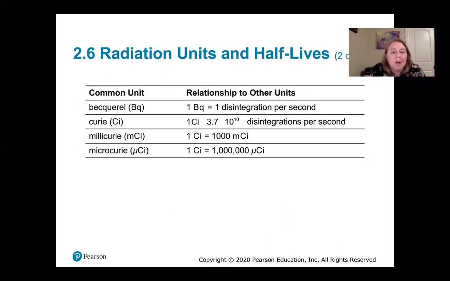The Becquerel is one disintegration per second. The Curie is 3.7 times 10 to the 10th disintegrations per second. If you get one Curie of radiation, that's super dangerous, so a lot of times they use the millicurie or the microcurie.